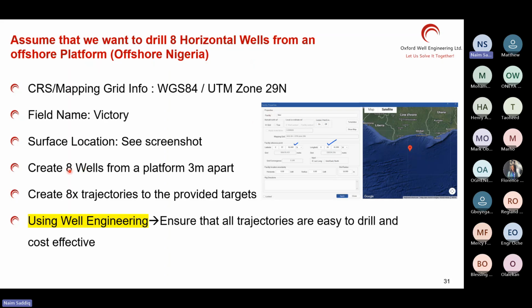I will create a location, which is a platform, create 8 trajectories out of it, and I will let them go to the targets. And then I will run the well engineering on my trajectories to check if the trajectories are okay, if there are no issues with the risk, or they are okay to drill with. So this is the kind of rough idea.